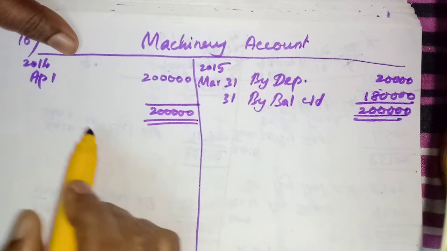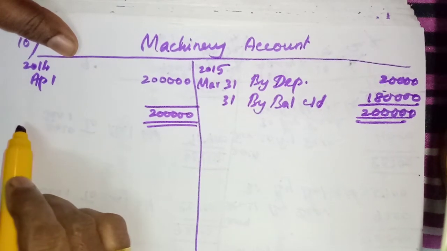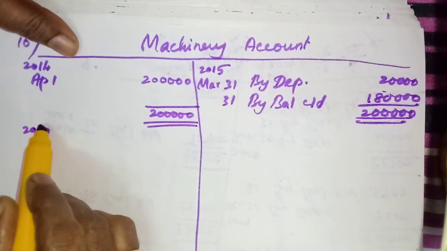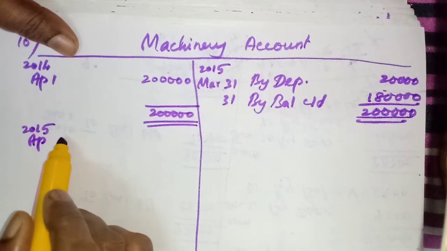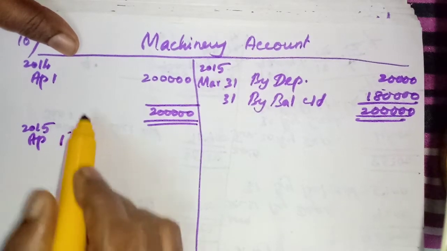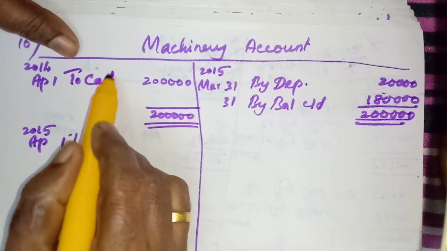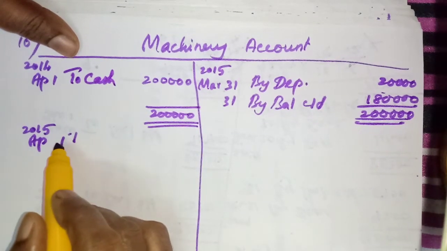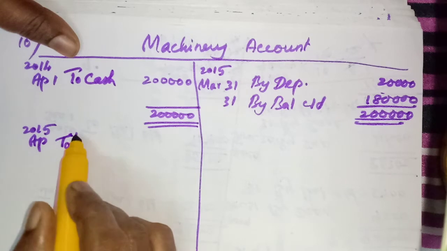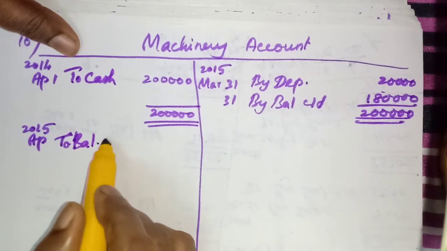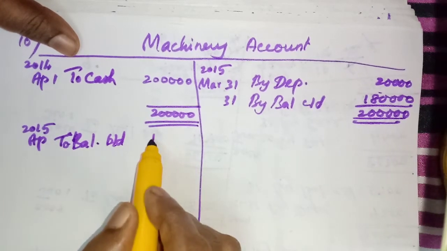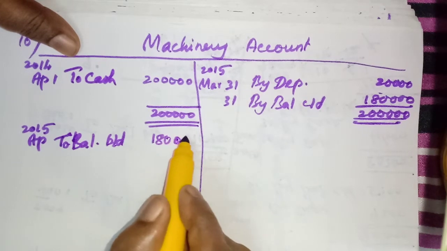We need to write the balance on the next date. Okay, so 2015 April 1, to cash or bank, anything you can write, to balance brought down 1,80,000.